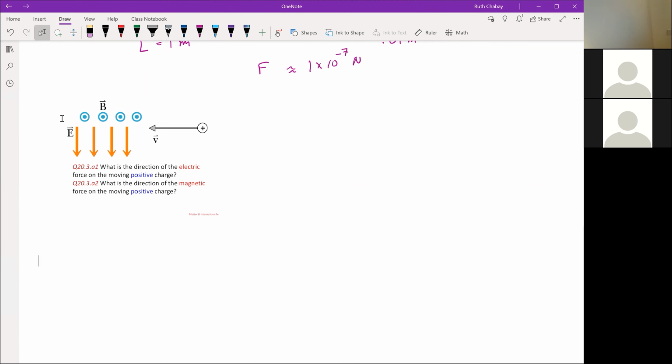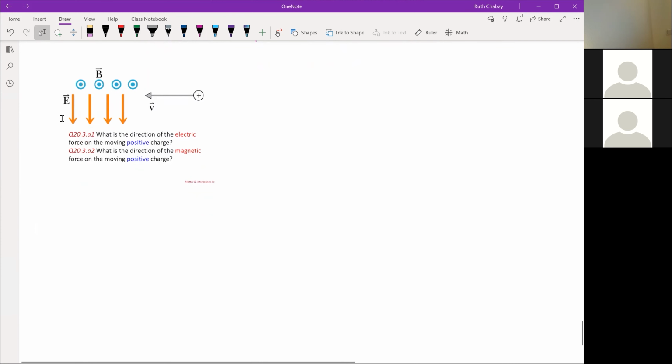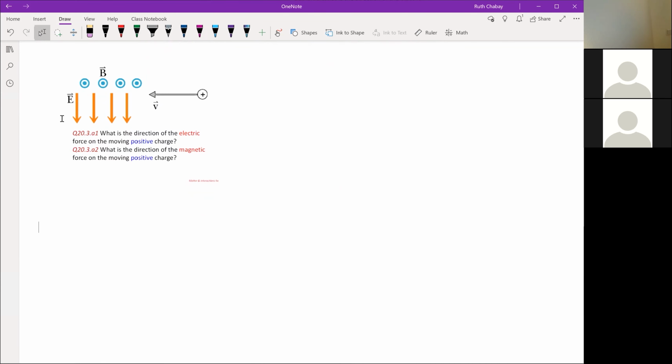So now there are going to be both electric and magnetic forces on the moving charge. So what's going to happen? Well, we work it out and add them up.